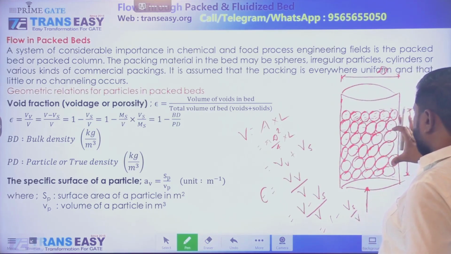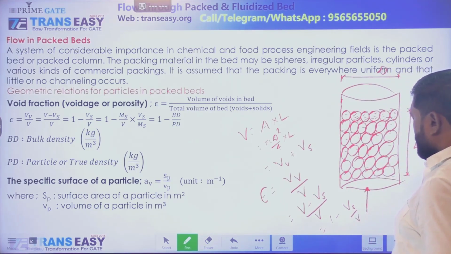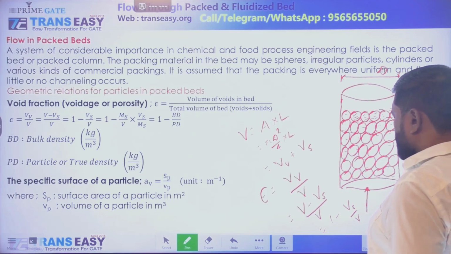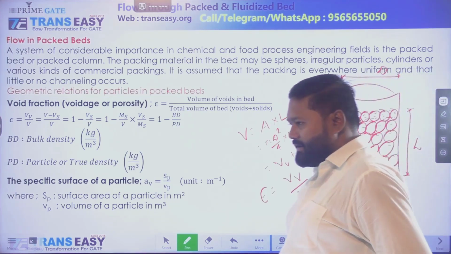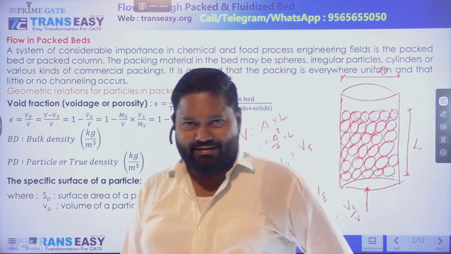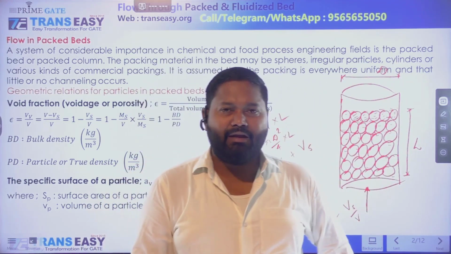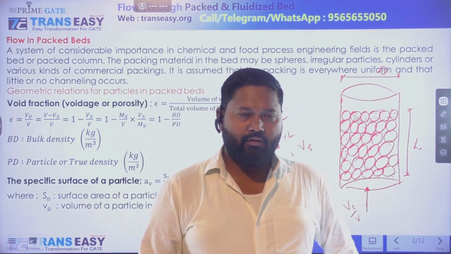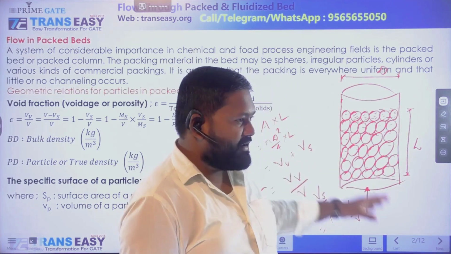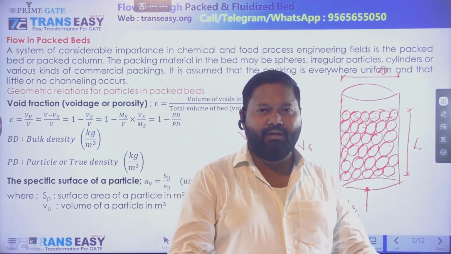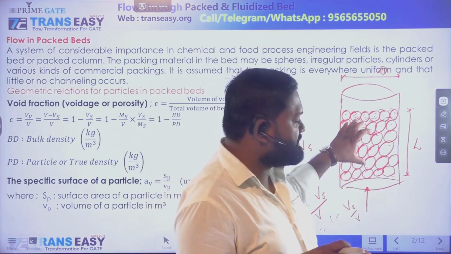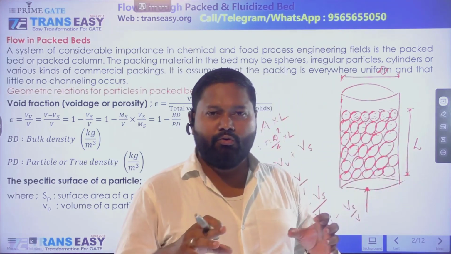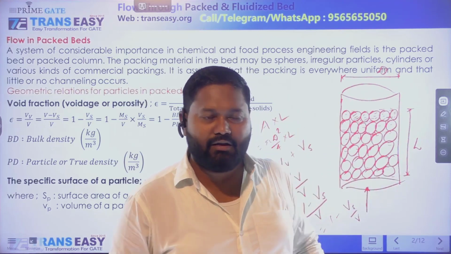Mass of this packed bed is coming due to mass of the solid particles only, because this packed bed contains solid particles and voids. Voids are filled with air. As compared to solid particles, air has negligible mass. So mass of this packed bed is due to mass of the solid particles only.